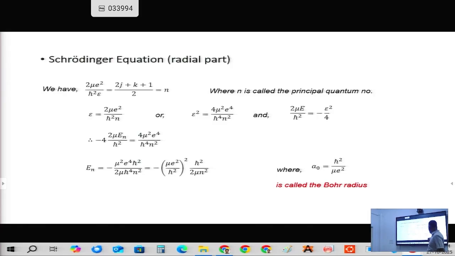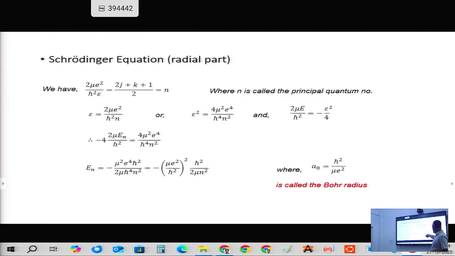You have the Bohr radius, right? So instead of this, you can put the Bohr radius. So it will be like h cross squared by 2 mu n squared a naught squared.